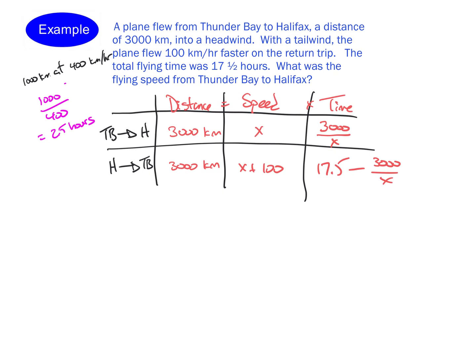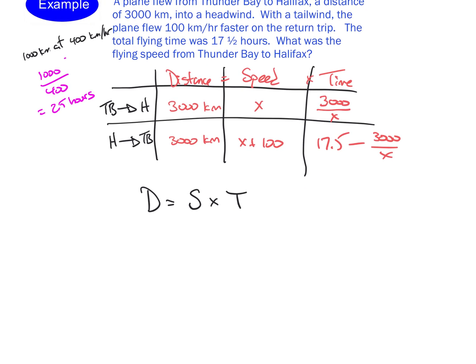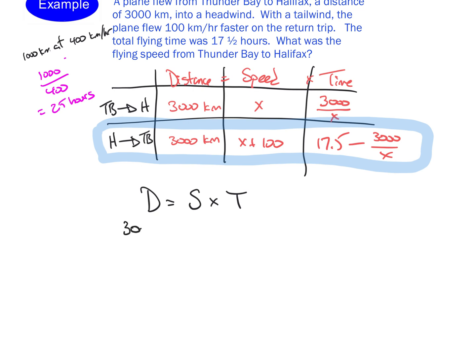And now we have the makings of a quadratic equation using the fact that distance is equal to speed times time. We are going to use this stuff down here. The distance is 3,000. The speed is what? x plus 100.